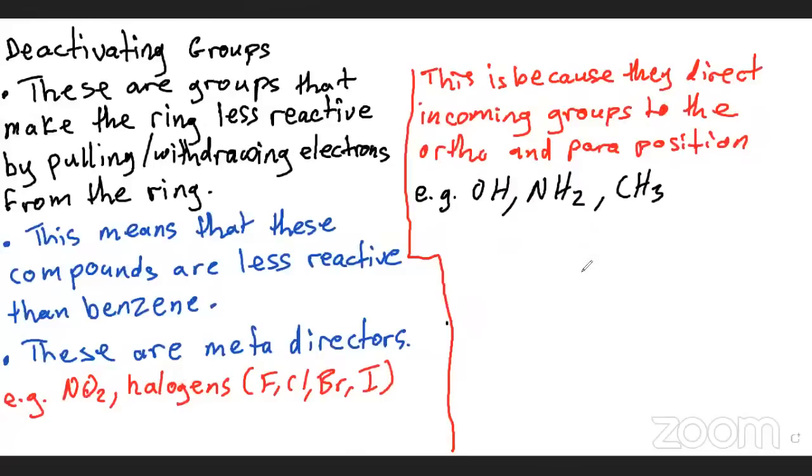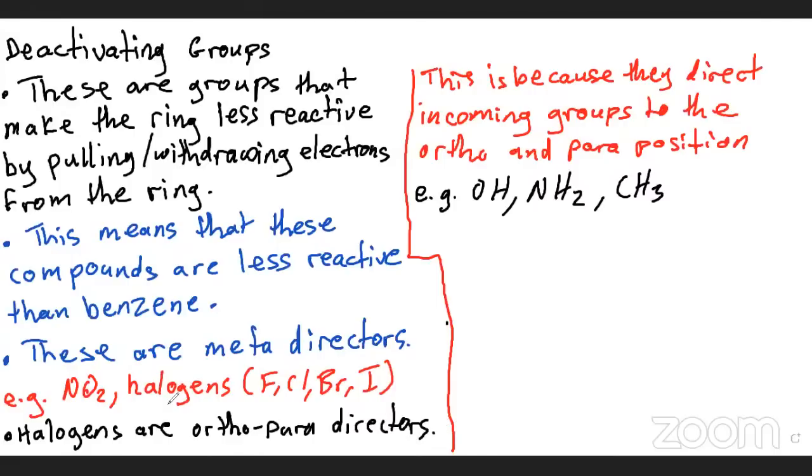However, there's a point to note here, halogens, even though they are deactivators, the halogens are also para directors. All right, so halogen, it is a deactivator. However, unlike the others that are meta directors, they're actually also para directors.